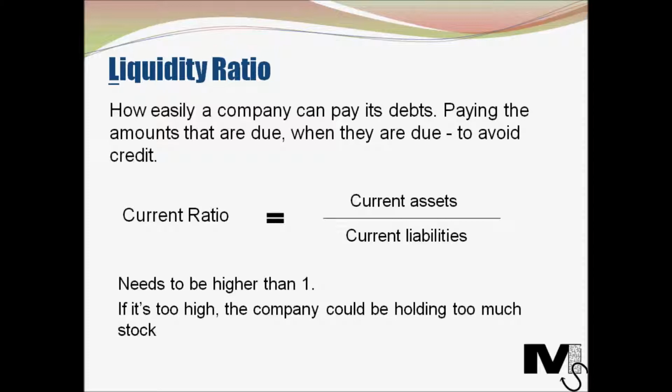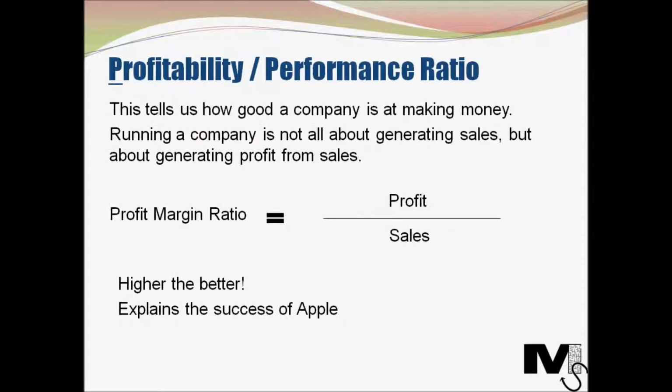Now, the current ratio needs to be higher than 1, but obviously if the current ratio is too high, then there is a possibility that the company could be holding too much stock, which is one of the current assets mentioned, or maybe there's a situation where too much cash is being generated out of the business and that amount needs to be invested better. So very important indicator.